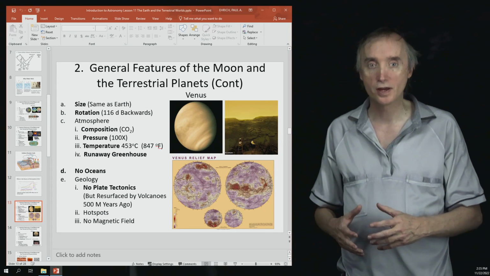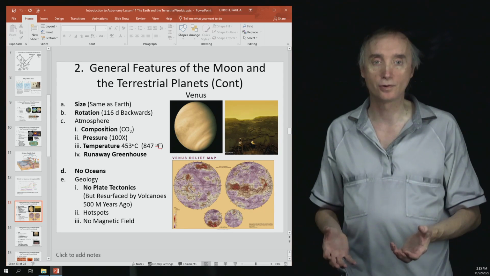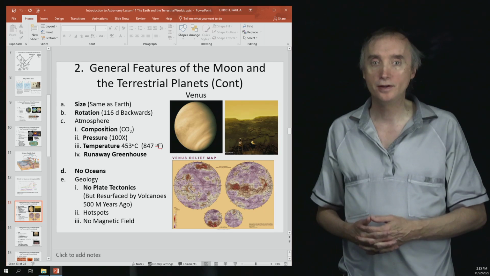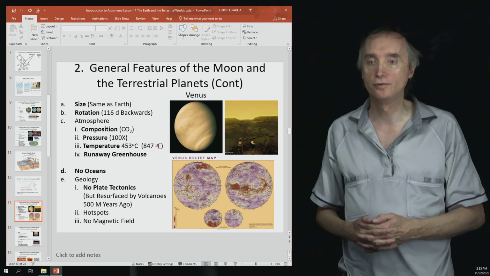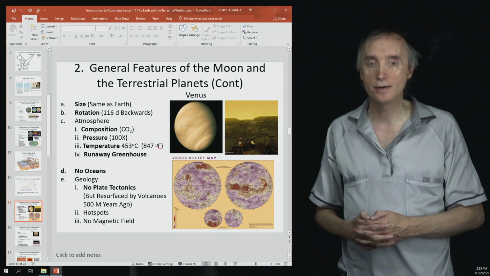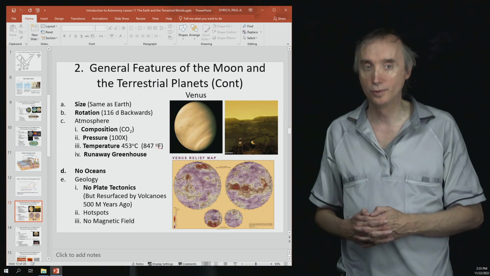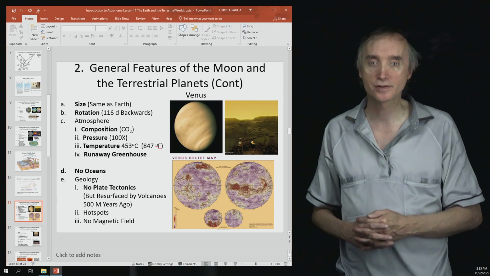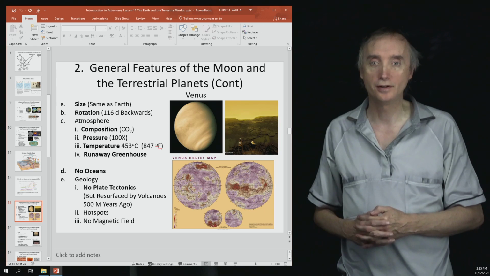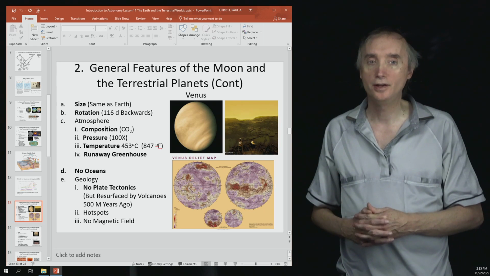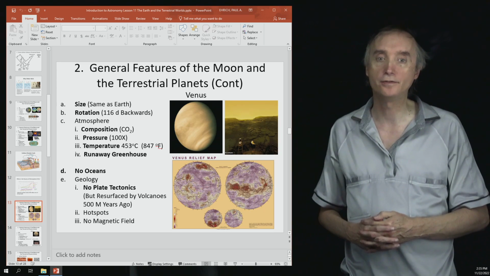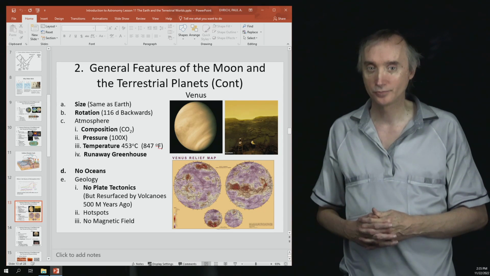So their probes had to be built like tanks in order to withstand the pressures. Another problem with Venus is that sulfur dioxide in the atmosphere mixes with a little bit of moisture to make sulfuric acid. So you have to worry about acid baths on Venus. So it's a very inhospitable planet, and their probes had to be pretty tough in order to withstand this.